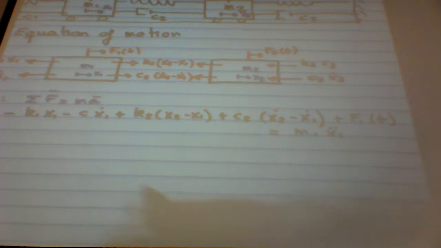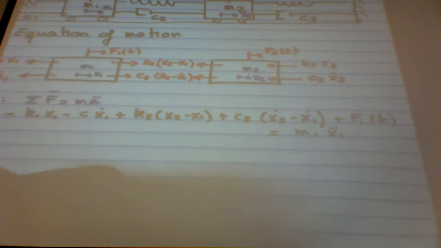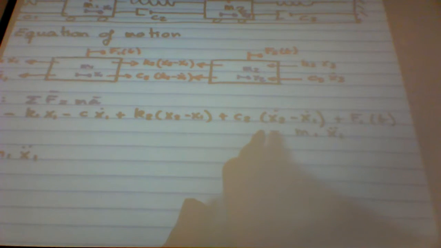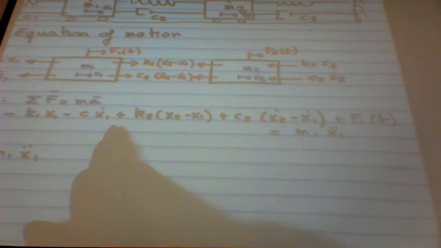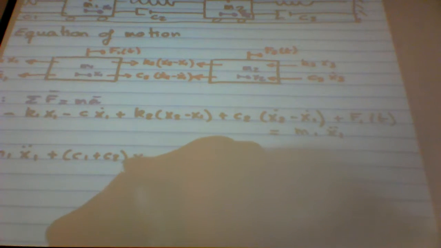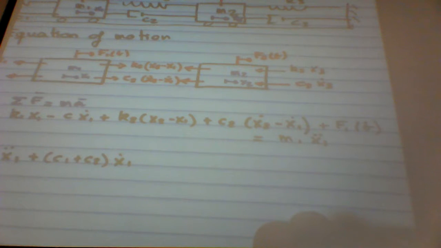Okay, so now if I try to go and rearrange the notation, here will be M1 x1 double dot. Then what will happen with C1? We have a C1 here, C1 here, so we have plus C1 plus C2 times x dot 1. Let's do the x1s, then what would be with K?